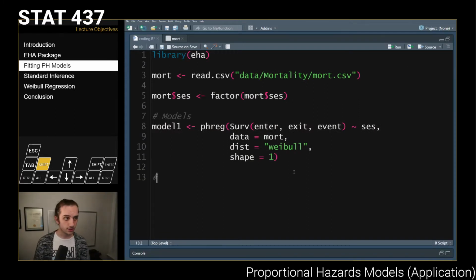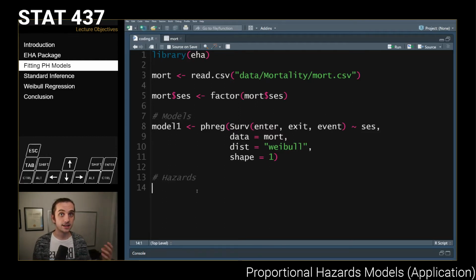Well, we can try to extract the hazards from the model, right? We would have two sets of hazards in this model. The way the proportional hazards model works is you have your baseline hazard, and you multiply that by the exponential of the linear predictor.